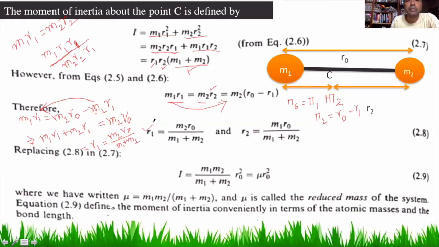Hence r1 is written as m2 r0 divided by m1 plus m2, and similarly r2 is m1 r0 divided by m1 plus m2.